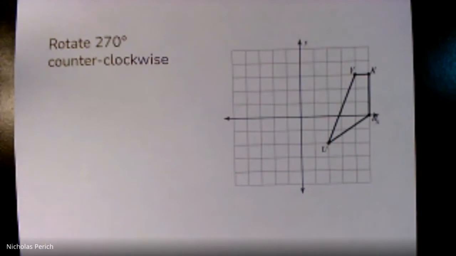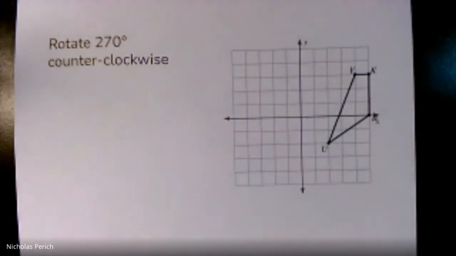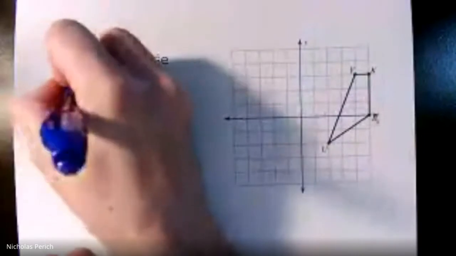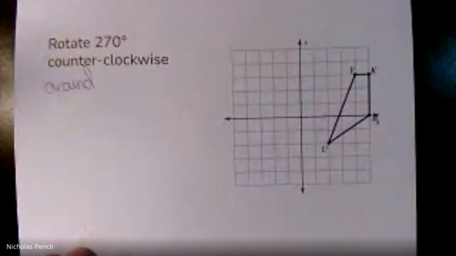Rotate 270 degrees counterclockwise. I'm going to switch this up. I'm going to add a bit to it. Let's rotate it around the point 1, 1.